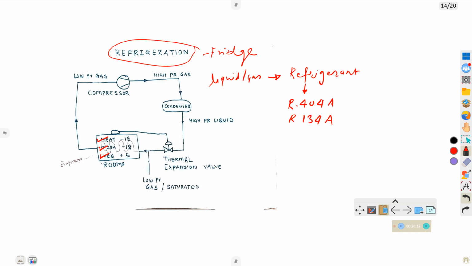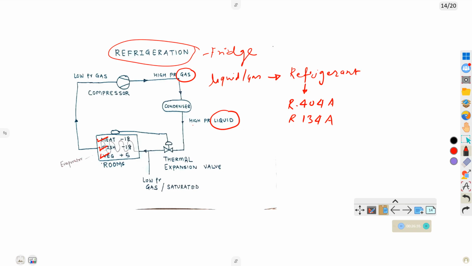So what is happening? When a low pressure gas comes to the compressor, it is compressed and converted to high pressure gas. This high pressure gas is condensed and converted into high pressure liquid.